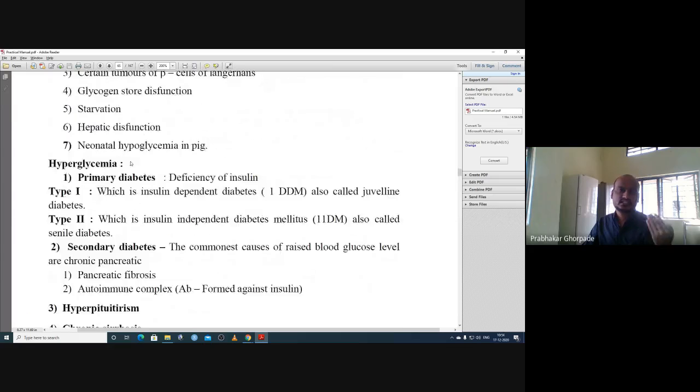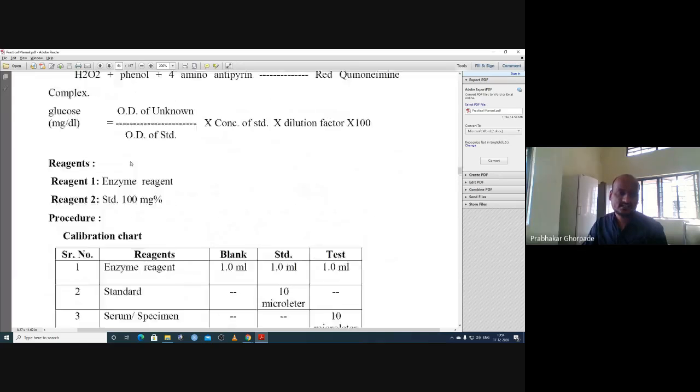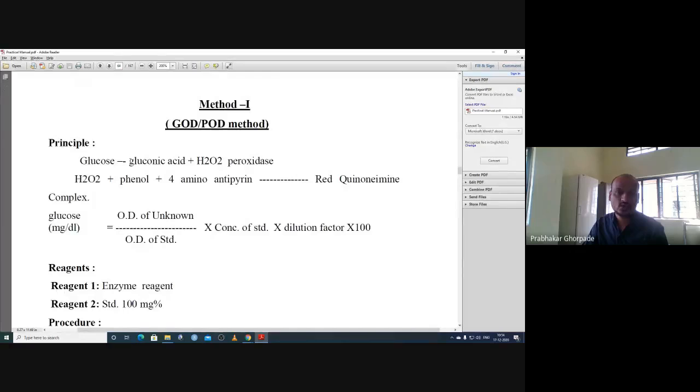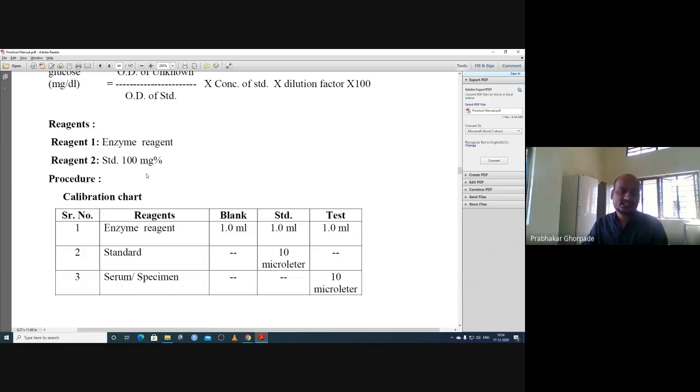This is one of the methods of testing glucose in our body: the Gordon method, the glucose oxidase peroxidase method. This is a glucose oxidase enzymatic method.